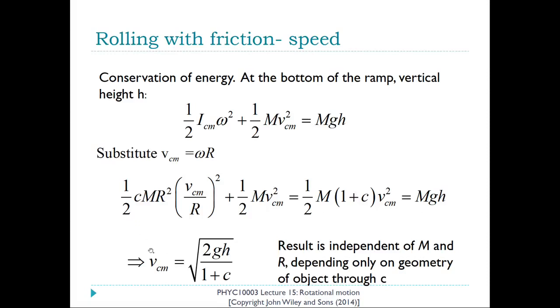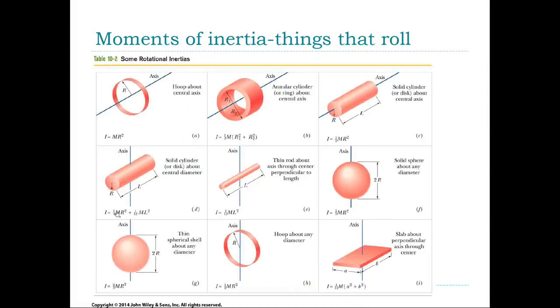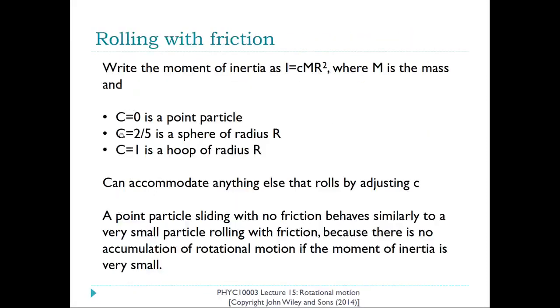Therefore, our speed of the center of mass is given by the square root of 2gh over 1 plus c. So this tells us that our result is independent of the mass and of the radius. It only depends on the geometry of the object through our value of c. And remember that c is going to depend on the geometry of the object.